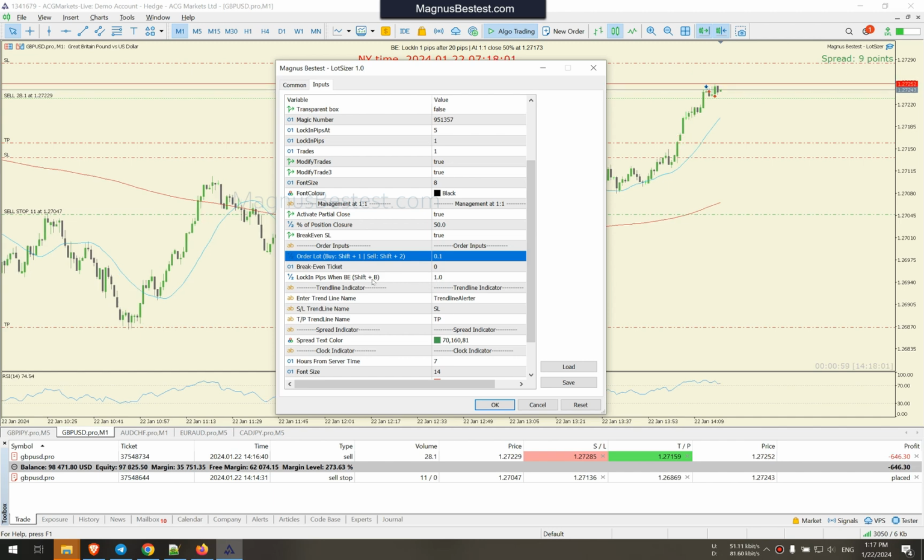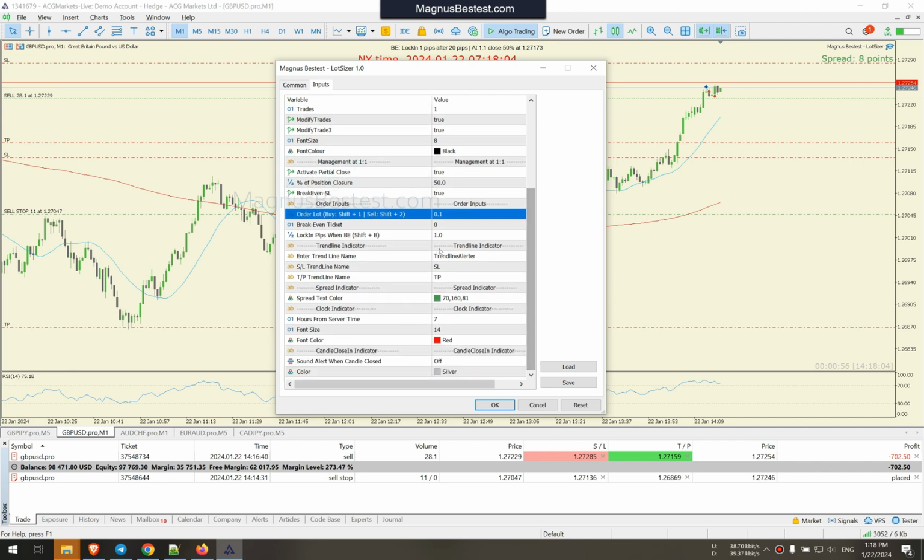And then of course we have an easy hotkey for break even. When you press Shift B, you are at break even, and you lock in 1 pip by default. You can change it here.